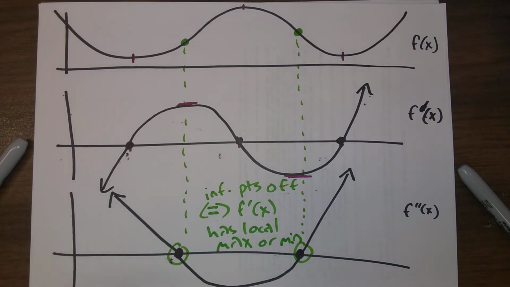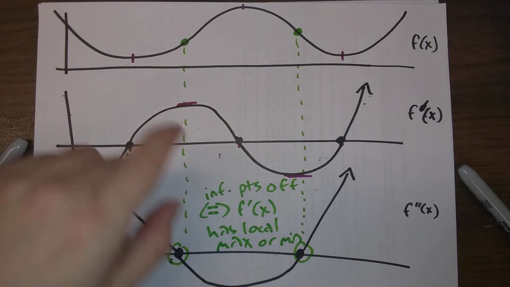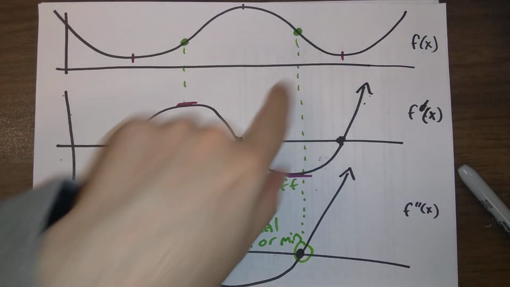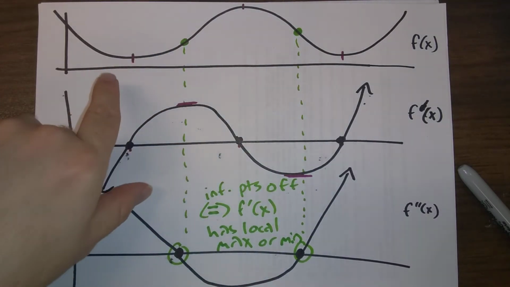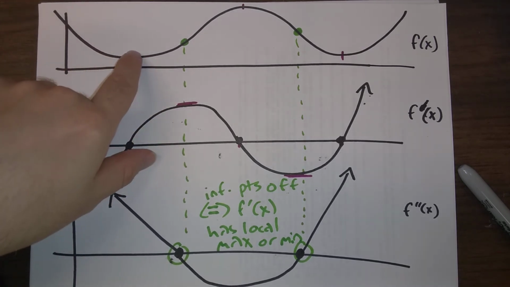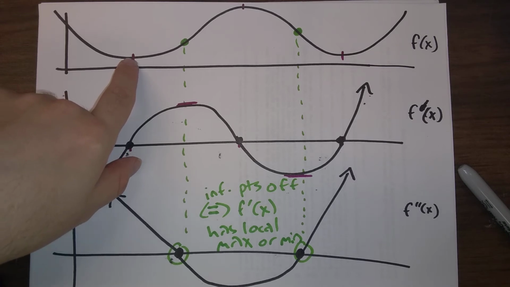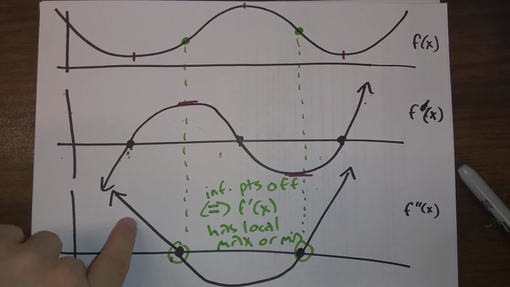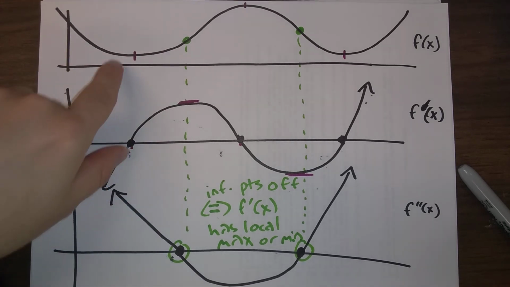But there's even more that we can get. Let's think about what's going on at the critical points, not of f prime, which we already talked about, but of f itself. Here we have a local minimum, and at our local minimum, our function is concave up. We can see that f double prime of x is positive over here.